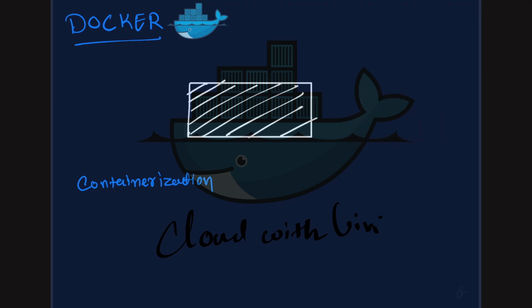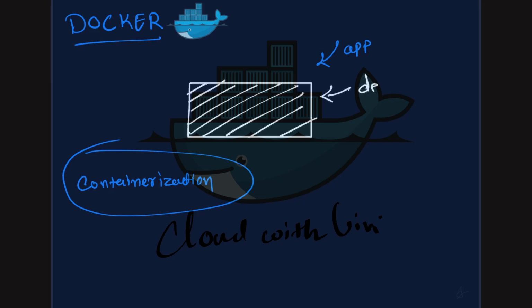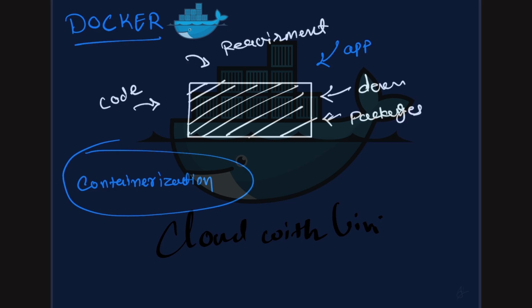In technical terms, Docker is a containerization tool where you pack your application into it, where all the dependencies, all the packages, all the code, all the requirements and versions go into this package, and you just need to put this into any registry.